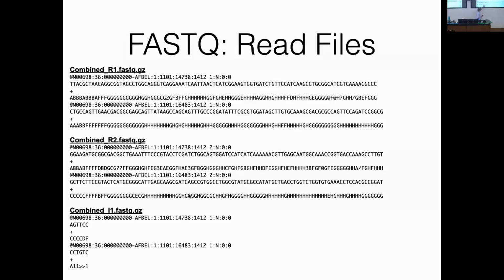And then here, this next set of 3 numbers tells you where on the flow cell this particular read came from. Now, remember that there's millions of spots on a flow cell.